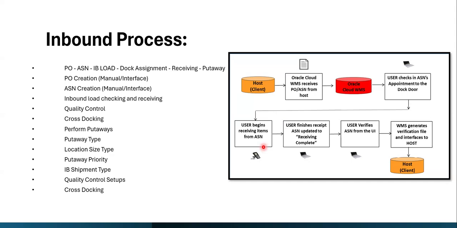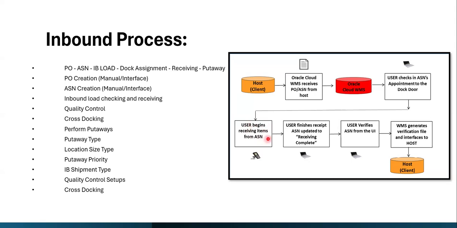Let's say in one trailer you have received 100 quantity. First you will verify physically that this item came on this inbound shipment and it was supposed to be shipped with 100 quantity. You have found 100 quantity, or whatever actual receipt quantity you have received, and you will receive it in WMS.